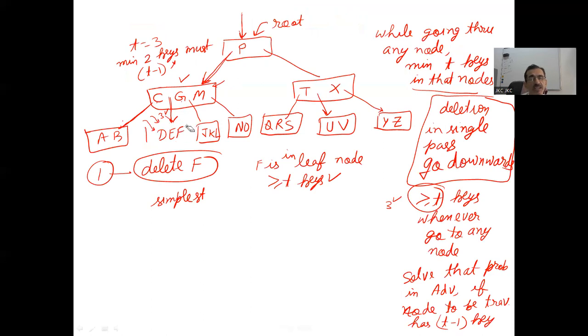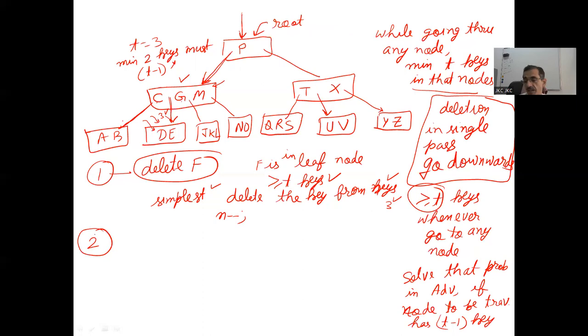Deletion means, of course, if there is some shifting needed of the right keys, etc. Child pointers don't exist because it's a leaf node, so only keys are there. Key deletion will be simple: delete the key from the leaf and adjust your n, etc., in the keys array, and n minus minus effectively.